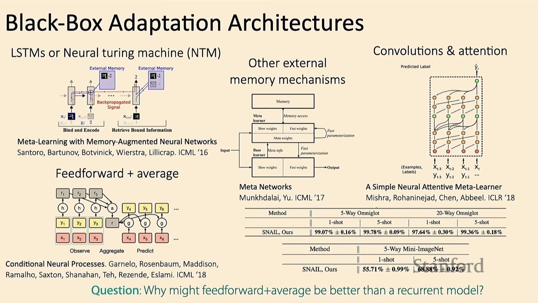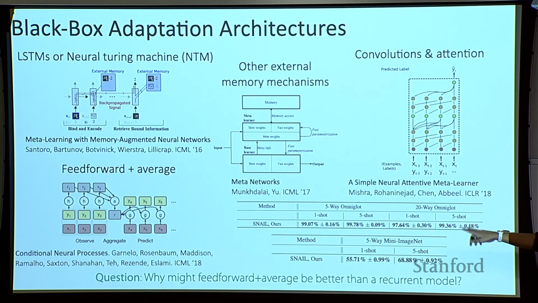And then these methods can do pretty well. On the Omniglot data set, if you use this architecture, which uses attention and convolutions interleaved, on 5-way, one-shot Omniglot, you can get 99% accuracy. If you have 5 examples, you can get even higher, 99.78% accuracy. If you make it a little bit harder and you're now doing a 20-way classification problem, you can still get accuracies in the high 90s. So Omniglot is not too difficult.